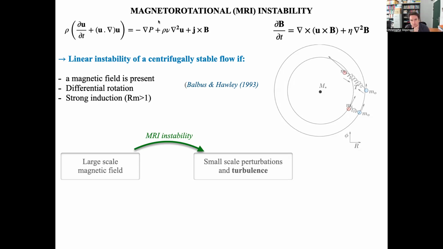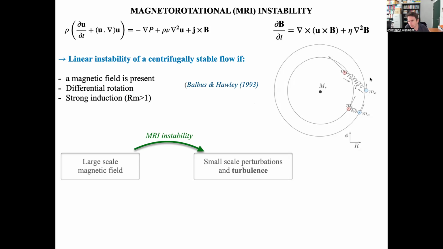It's a very interesting instability, proposed by Balbus and Hawley in the 90s, and it only requires a small number of conditions. We need a magnetic field, some differential rotation, and a large enough magnetic Reynolds number. In most ionized disks, these 3 conditions are easily met, and in this case you can get an instability in your system.